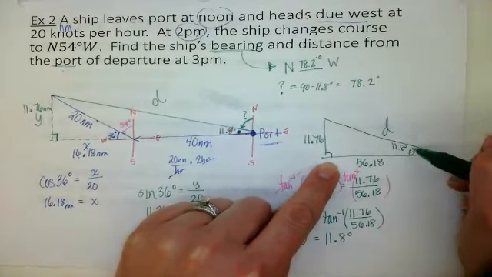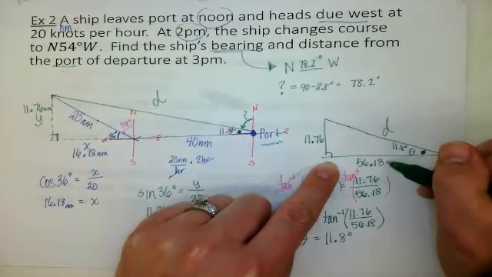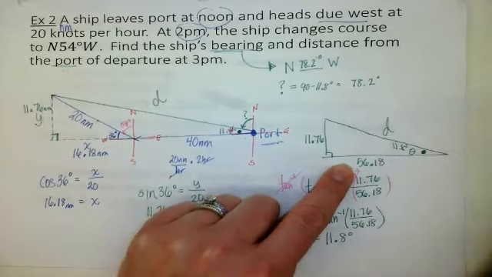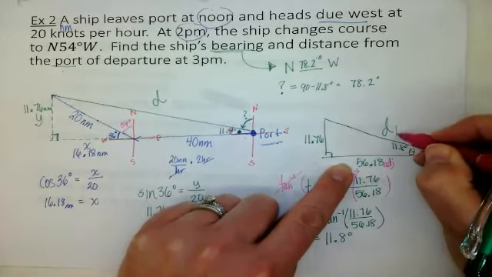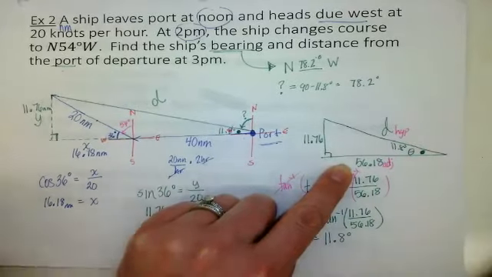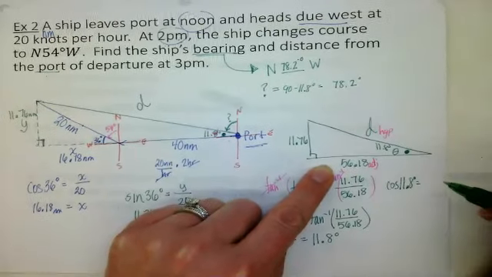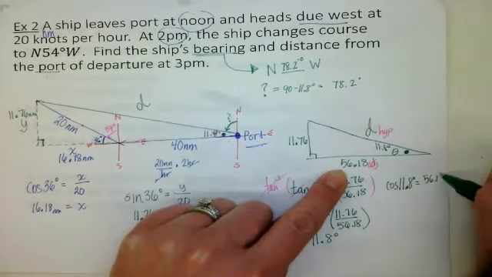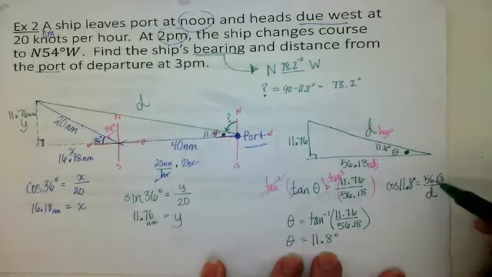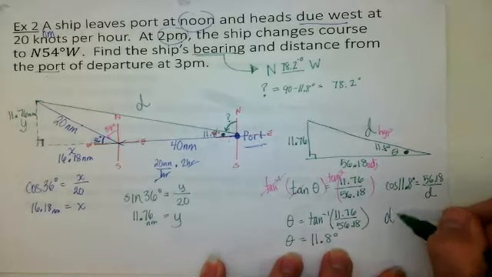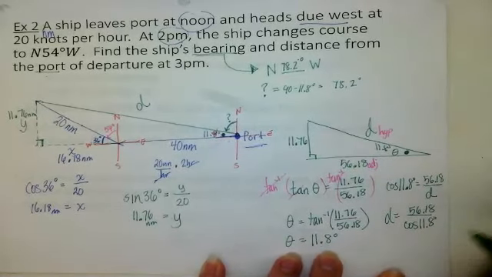Can use the same triangle, and since I know it's an 11.8 degree angle, I can find D pretty easily. I have my choice of sides really, but I'm just going to use this one. The adjacent side and our hypotenuse. So that's going to be cosine. Cosine of 11.8 degrees is adjacent 56.18 over that distance D we're looking for. I would multiply by D and then divide by the cosine of 11.8. So 56.18 divided by the cosine of 11.8 degrees.